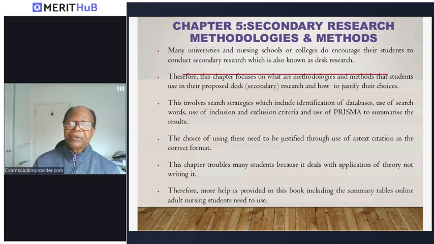As I've said, many universities and nursing schools or colleges do encourage their students to conduct secondary research. And secondary research is also known as desk research. So these words mean the same thing. What you need to do in your proposal is choose which one you want to use and then be consistent throughout.